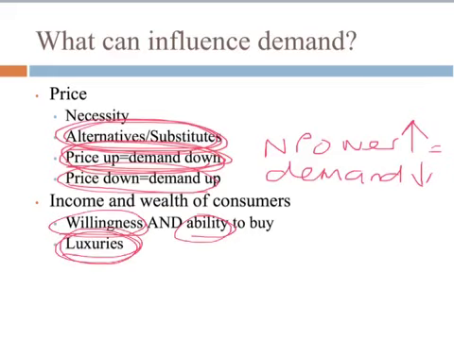If you have more money, you might buy Heinz baked beans rather than Smart Price baked beans. So you might start buying more expensive things. Or if you think of luxuries in terms of another example, you might start going on holiday to the Caribbean rather than a holiday to Spain.